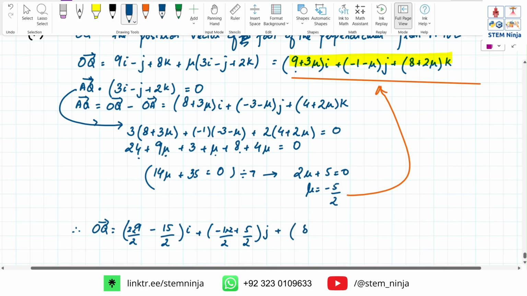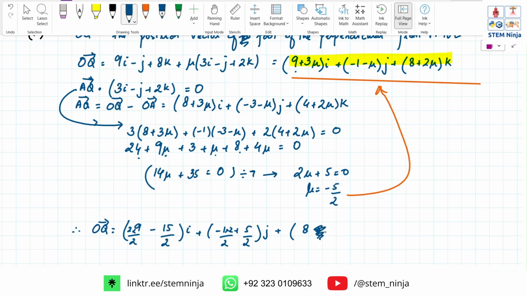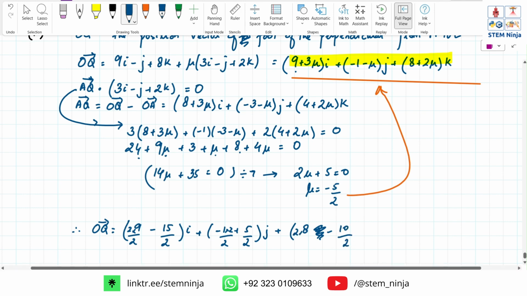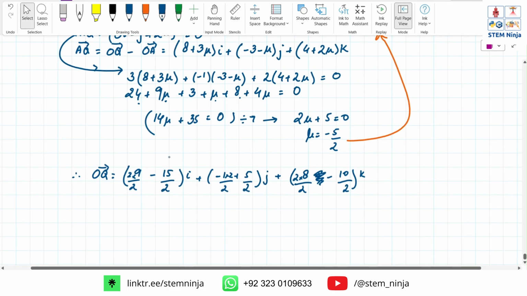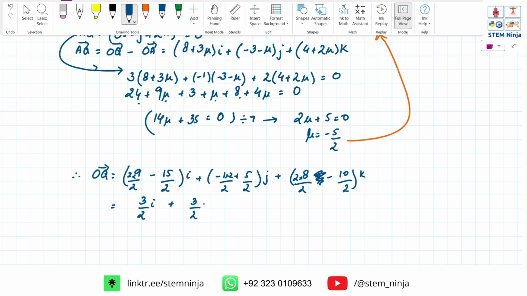Then 8 plus 2 mu, so this would become minus 10 over 2, and 8 as 16 over 2, k. So we have 18 minus 15, 3 over 2 i, plus 5 minus 2, 3 over 2 j, and 16 minus 10, 6 over 2, that is going to be 3k. So this is our foot of the perpendicular.